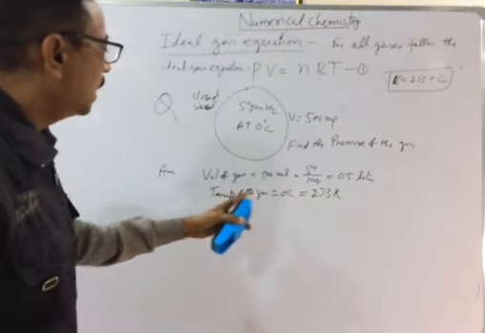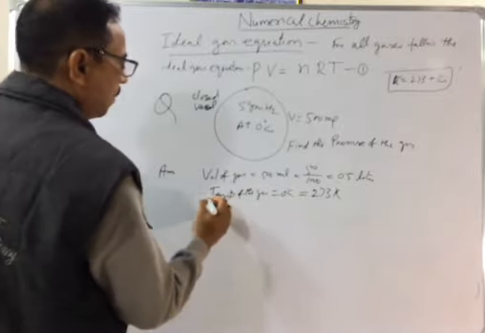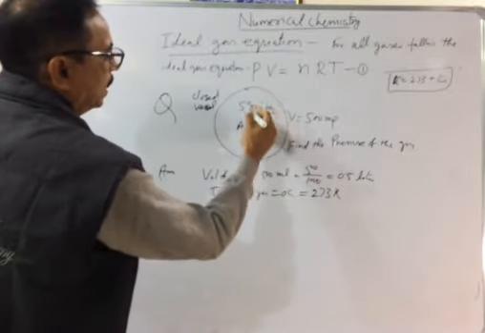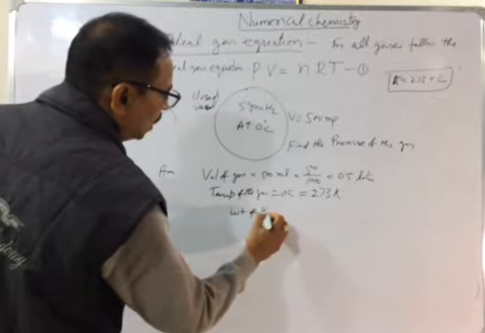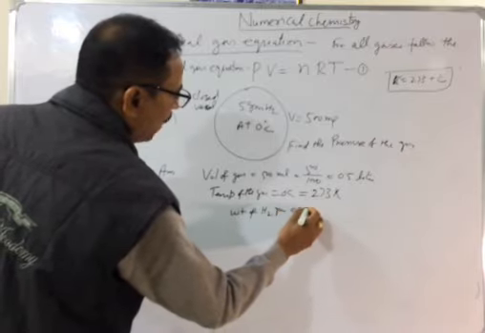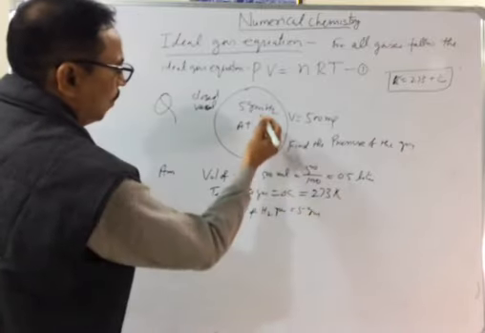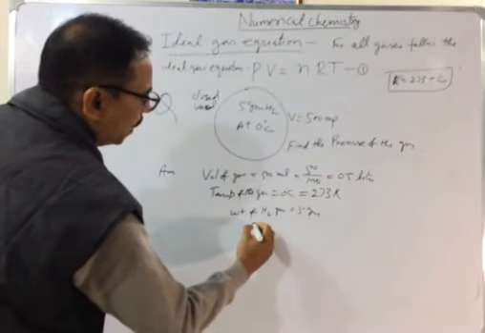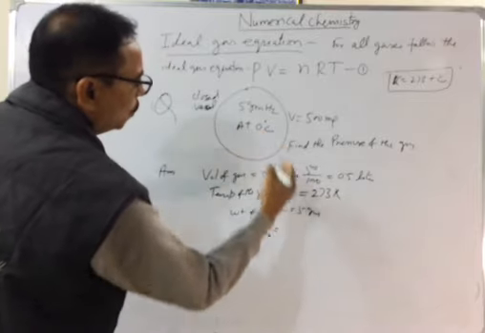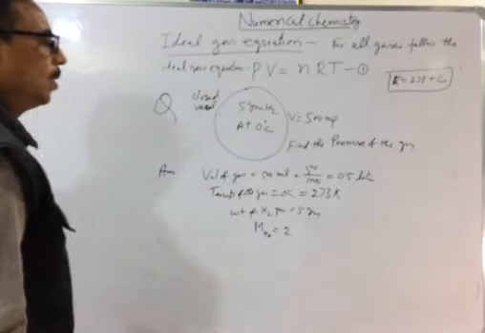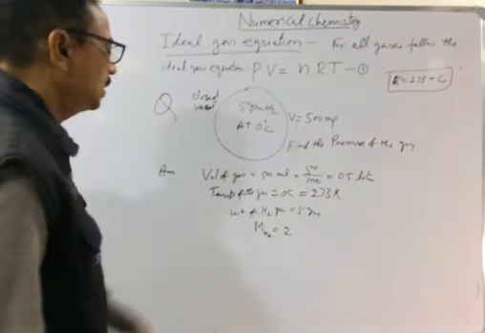Now two things are given, volume and temperature. Now what is the weight? Weight is given, weight of hydrogen gas 5 gram. You can calculate the molecular weight of hydrogen. Molecular weight of hydrogen 1 into 2. So you have to find out the pressure.